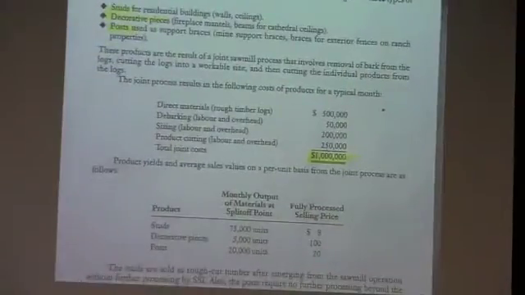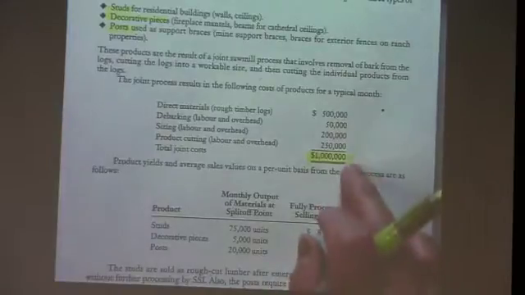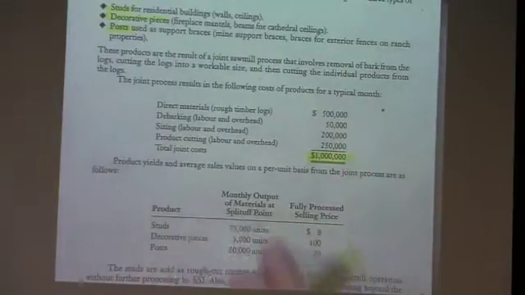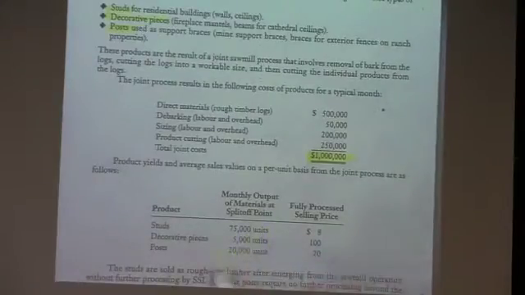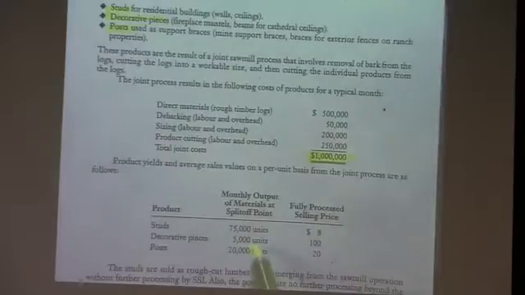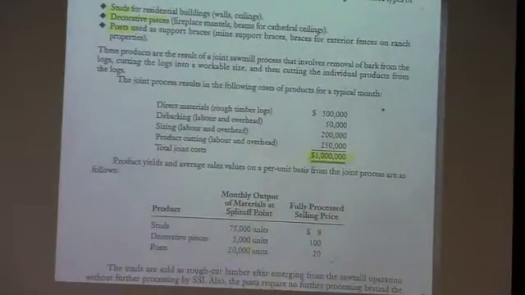Now, the product yields an average sales value on a per item basis from the joint process as follows. Based on that joint cost, they were able to produce 75,000 studs, 5,000 decorative pieces, and 20,000 units of posts.